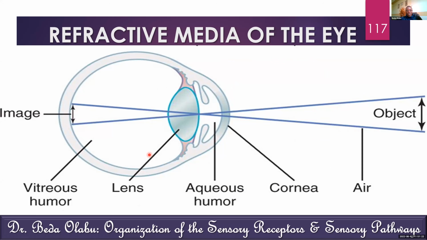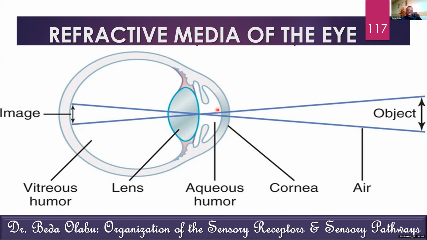So we've talked about the vascular layer, and we'd already talked about the fibrous layer. Before we talk about the retinal layer, I want us to say something about the refractive media of the eye. The refractive media of the eye refers to the structures that light passes through as it enters the eye. So follow that path from air. It will land onto the cornea first.